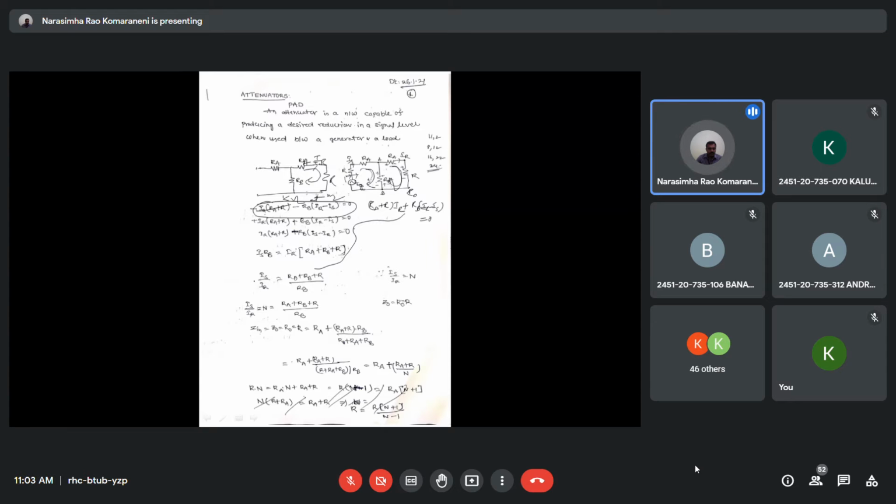Therefore IS by IR equals (RA plus RB plus R) divided by RB. This IS by IR is nothing but the capital N.